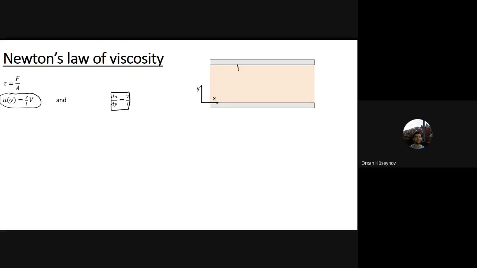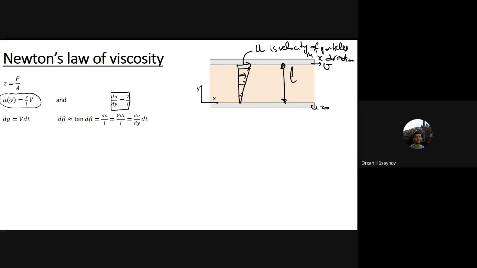U is the velocity of the particles in the x direction. The particles move in that direction. The distance between these two plates is L. And here the velocity is v, and here the plate doesn't move, u is 0.